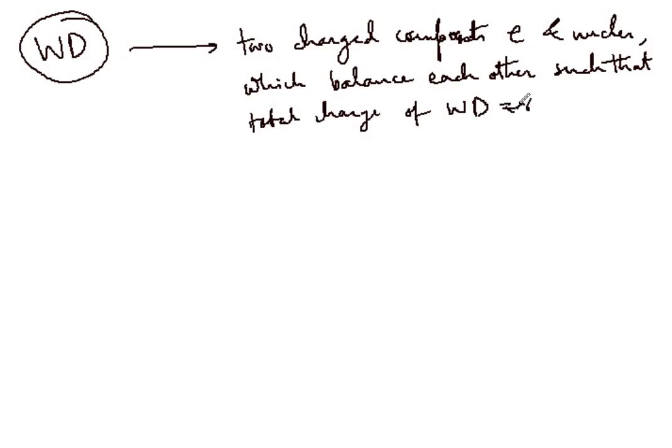Let me write it down. It vanishes. Now for each nucleus of charge Z and mass A, there are Z electrons around, right, due to the charge neutrality condition. Now the number density of electrons has to be related to Na, the number density of nuclei.